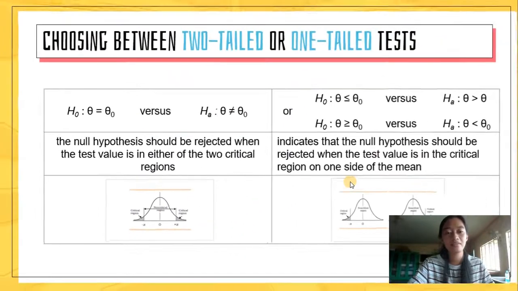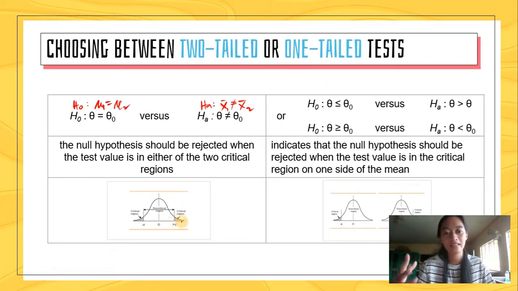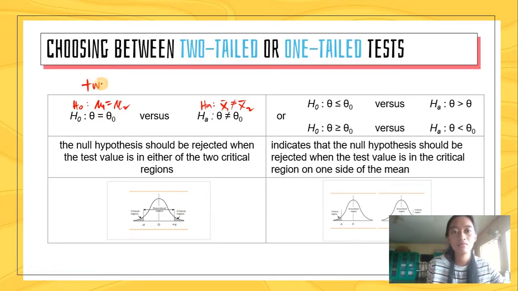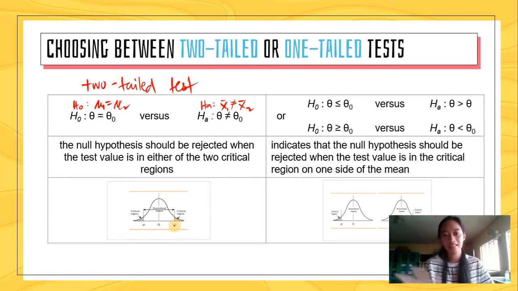In this kind of test, we have two sides of the normal curve. This is a two-tailed test. If it falls on either tail, there is evidence against the null, so there could be a significant difference.